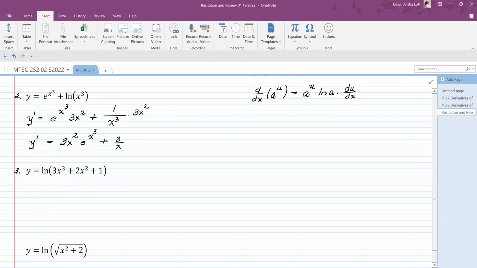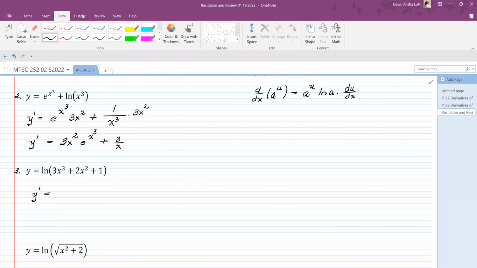All right, so what are you going to do? For the natural log, you'll take 1 over the... Oh, whoa, whoa, you're doing problem 4. Sorry, problem 3. Okay. The denominator would be 3x cubed plus 2x squared plus 1.